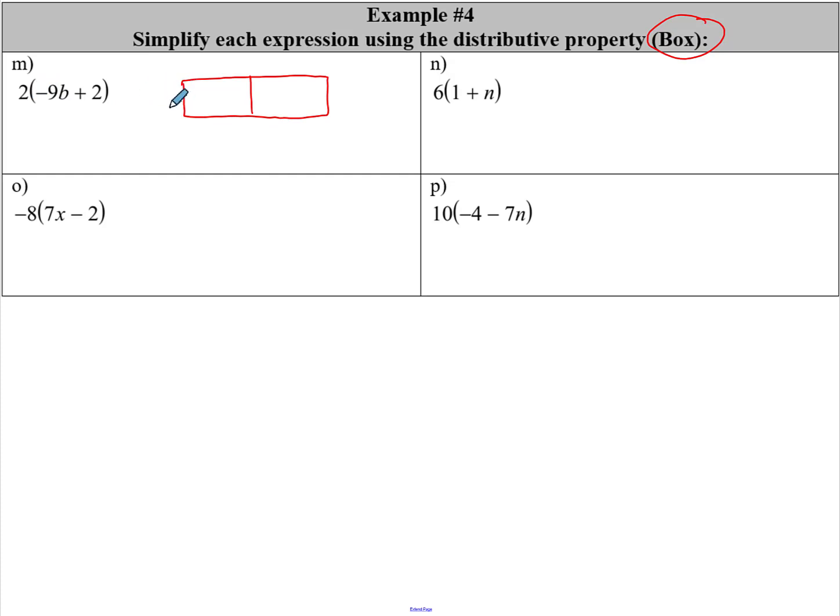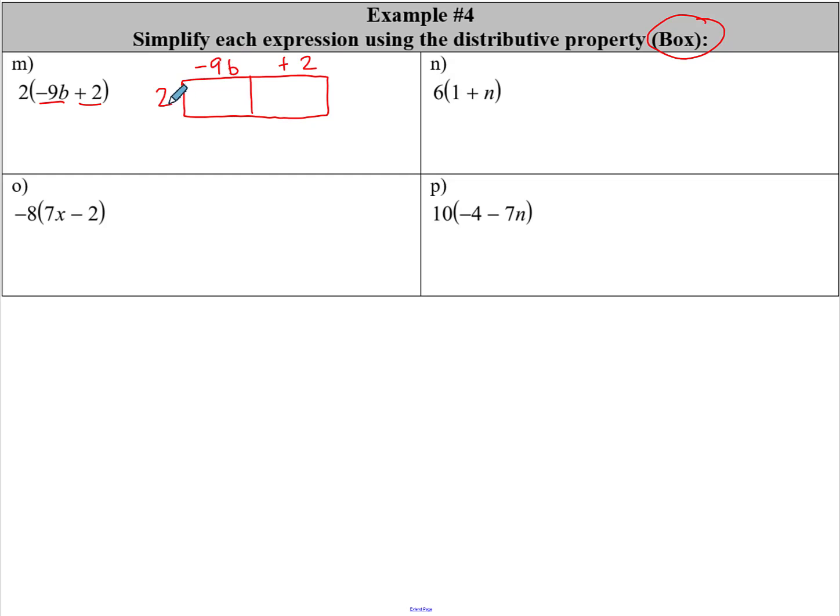The value on the outside, we only have 1, so we're only going to have 1 row, and we're going to place our value on the outside. And then we have 2 columns because we have 2 terms here, 1 and 2. So we're going to keep the sign with our term, and we're going to put them above each of these columns.